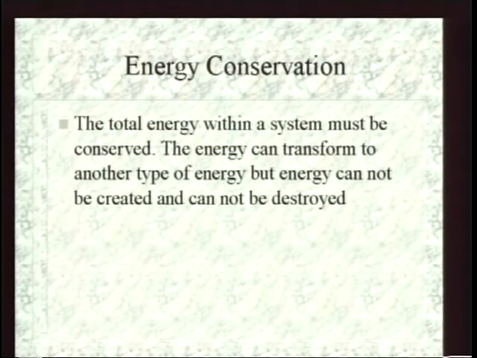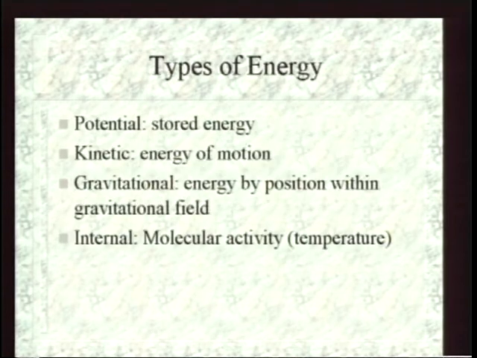Energy conservation. The total energy within a system is going to be conserved. The energy can transform to another type of energy, but energy cannot be created and it cannot be destroyed. There are several different types of energy that I'm going to go over next.